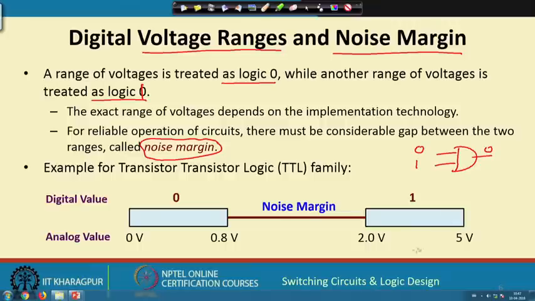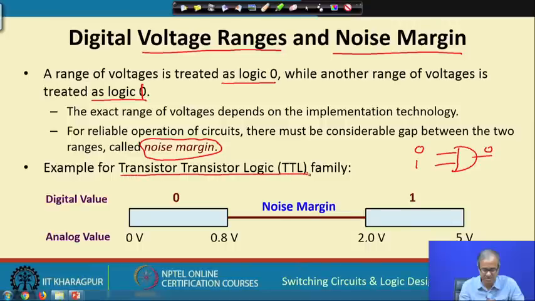So, if your logic 0 and logic 1 are sufficiently spaced, there is a lot of gap in between, then even in the presence of small variations in performance and the parameters, the circuits will continue to work correctly. Okay. So, here I am showing an example that pertains to the TTL, transistor logic family. Here the digital values 0 and 1 are represented by the voltage range 0 to 0.8 volts and 2 volts and above.